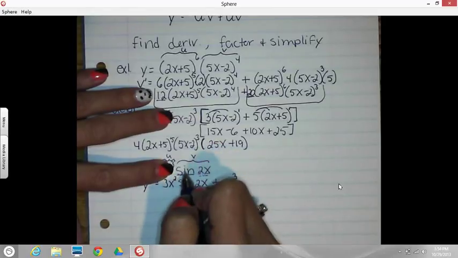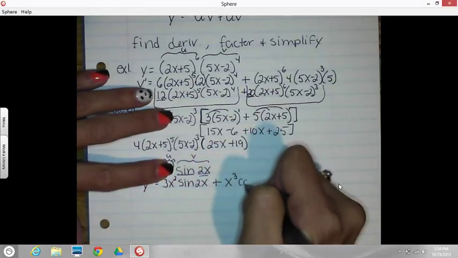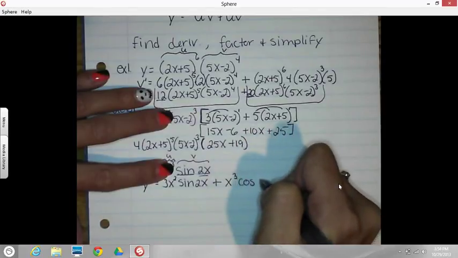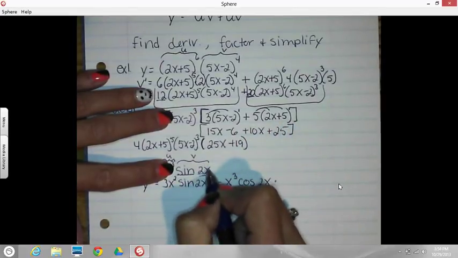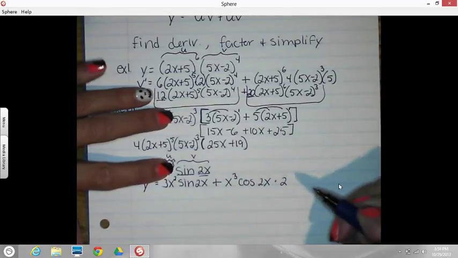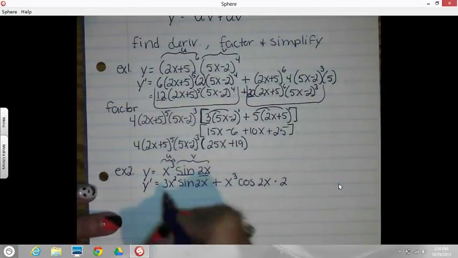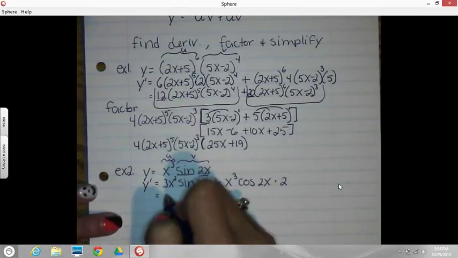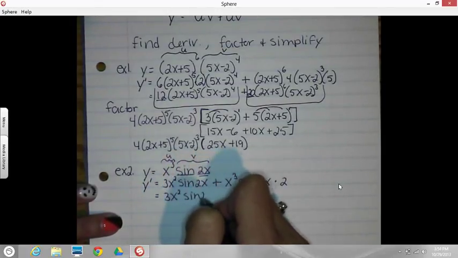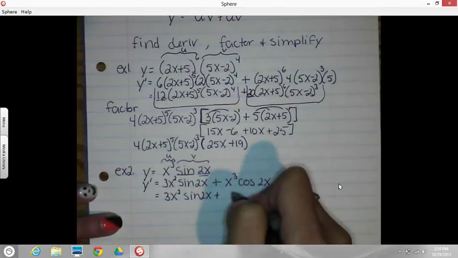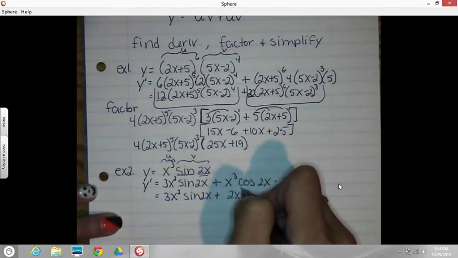So the derivative of sine is cosine. We keep the angle the same. And then multiply by the derivative of the angle, which is 2. Now to simplify, we've got 3x squared times sine 2x plus 2x cubed cosine 2x.